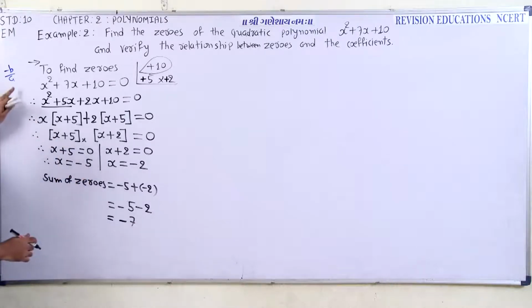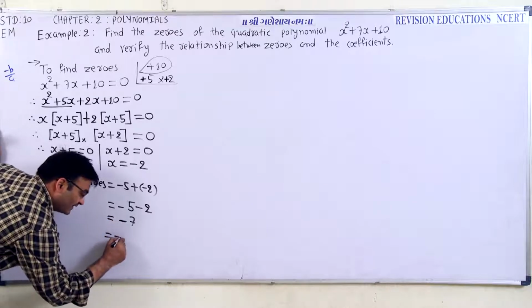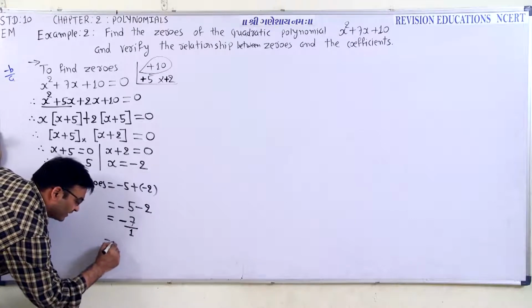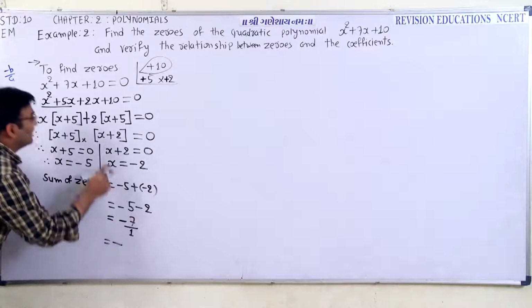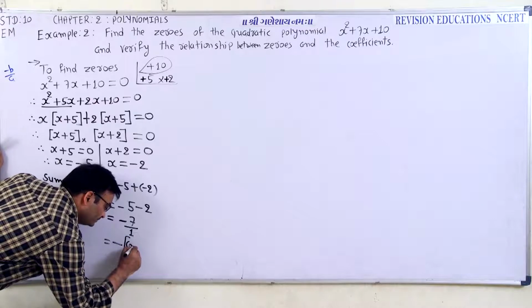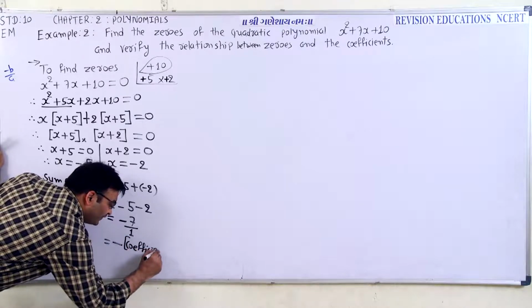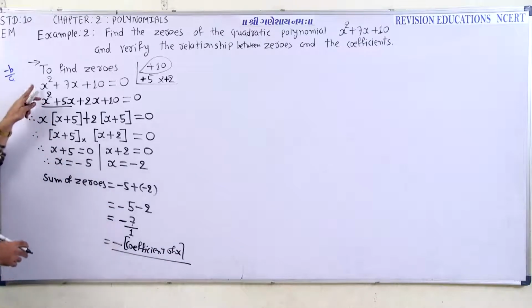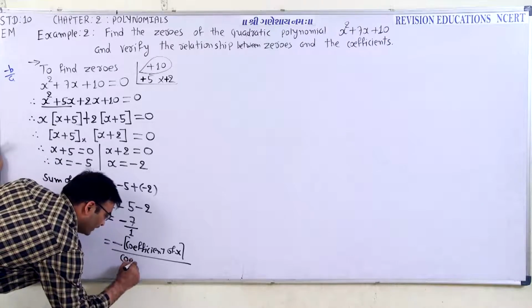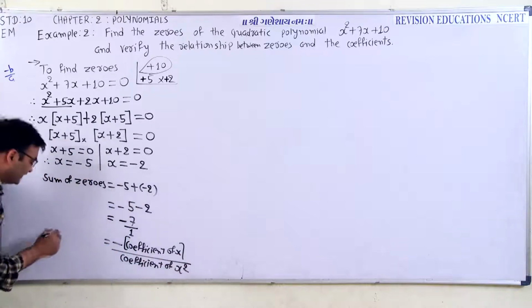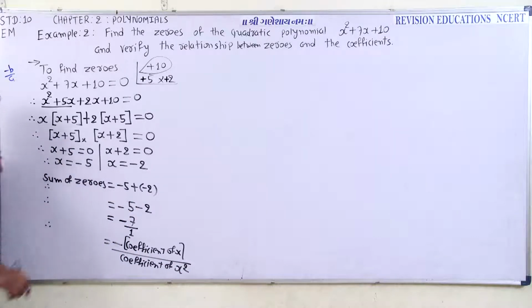Friends, in sum of zeros a minus is there, so we write here minus as it is. इसके डिनोमिनेटर में 1 होगा. ये माइनस को हमको ऐसे ही रखना है. 7, simply look at the 7. 7 is the coefficient of x. And what is 1? 1 is the coefficient of x square. So this is the relationship between zeros and coefficient.